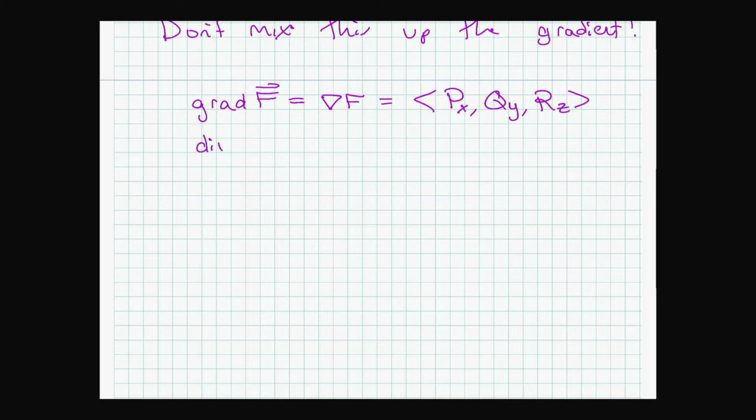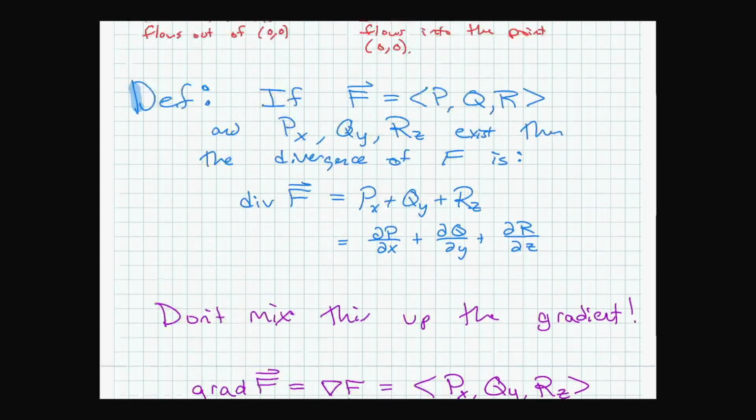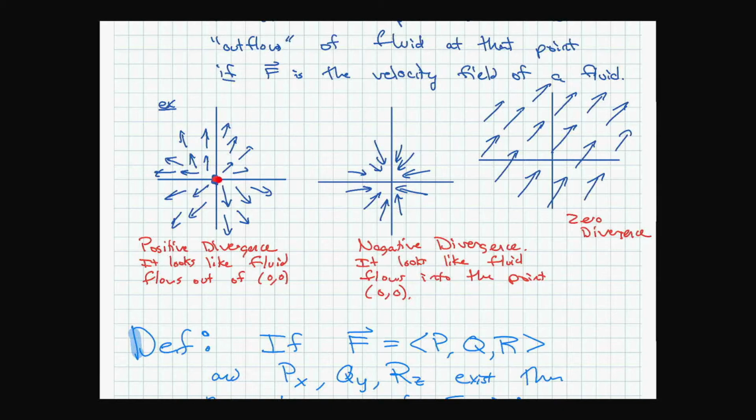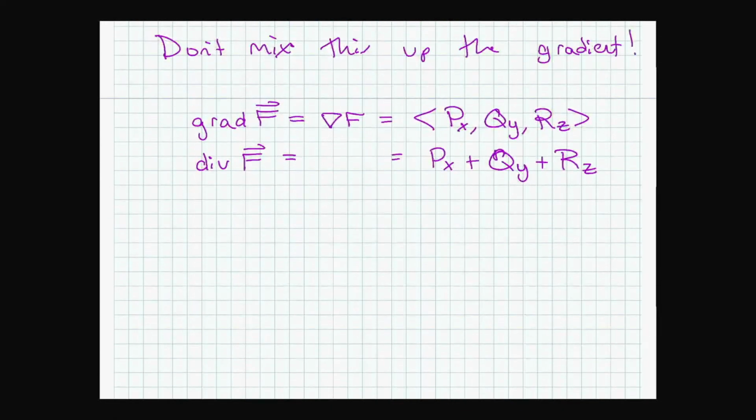The divergence of F has the same pieces, Px, but it's Px plus Qy plus Rz. Right? So you see the difference, right? The gradient of F is a vector. The divergence of F is a single number, and that single number represents what we said it did, like the amount of outflow at a particular point.